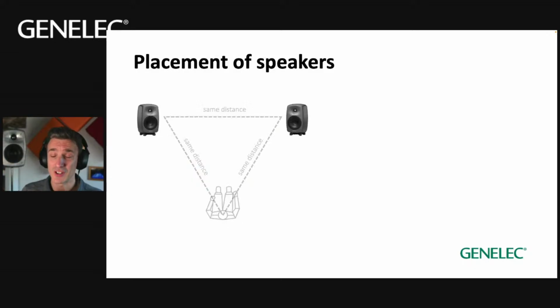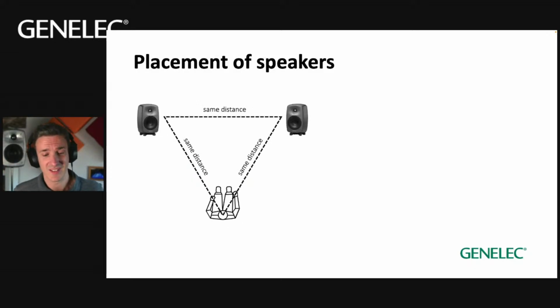We should then, of course, always make sure, this is something some people really forget about, that we have a so-called equilateral triangle. So the same distance between the speakers and our ears. This is the only correct way of setting up a stereo system, because this makes sure that your imaging, so if you do panorama things, will translate well to other systems.